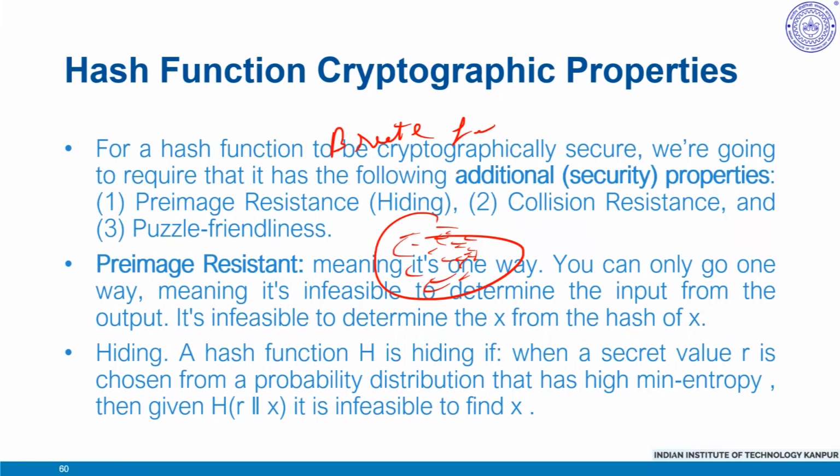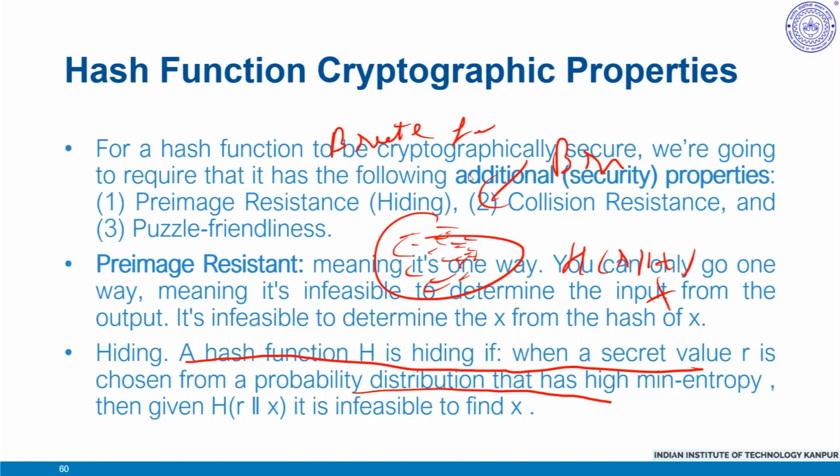The only possibility is the brute force approach, and that should be very computationally intensive in a normal course of business. So to summarize hiding: a hash function h is hiding when a secret value r is chosen from a probability distribution that has high min-entropy. Then given h(r || x), it is infeasible to find that input x.